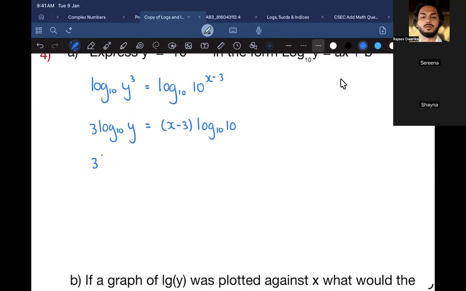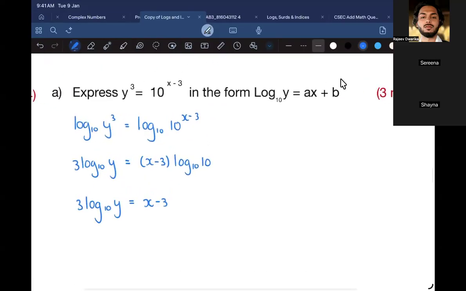So I'm gonna write back 3 log base 10 y. And tell me, what is log base 10 of 10? 1, right? So you're gonna end up with 1 by x minus 3, which is just x minus 3.